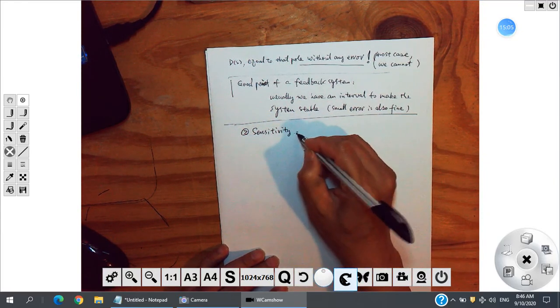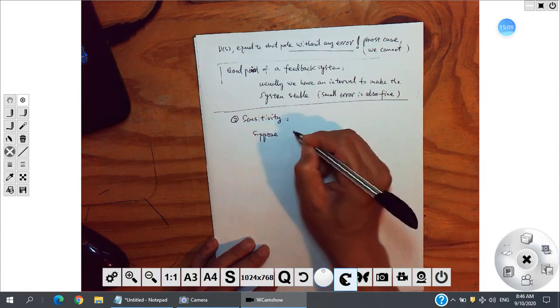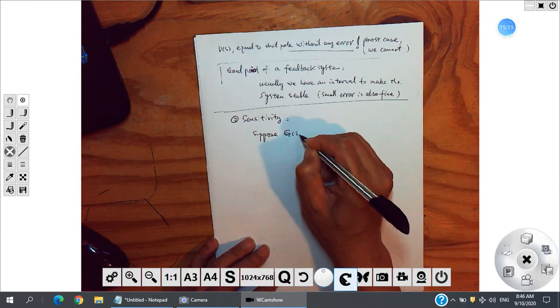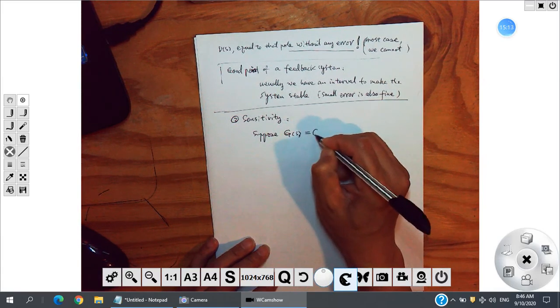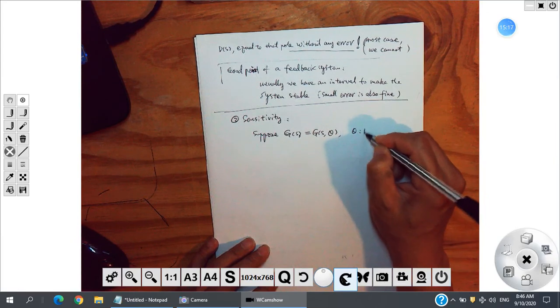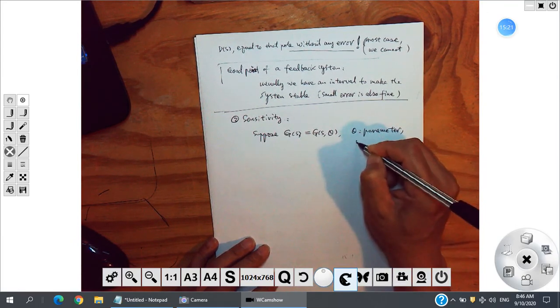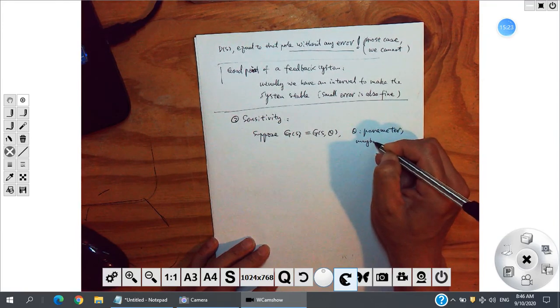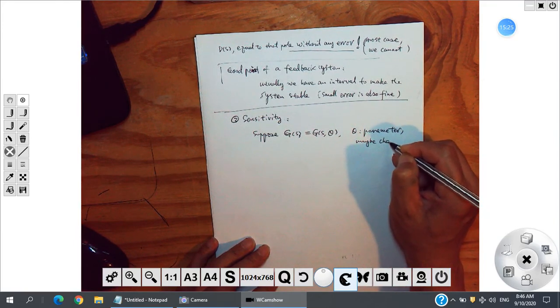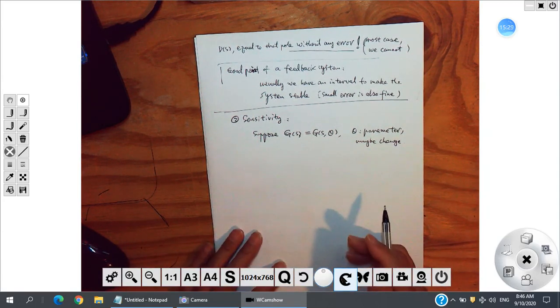What is sensitivity? Suppose the plant G(s) is G(s, theta), with a parameter theta that may change.